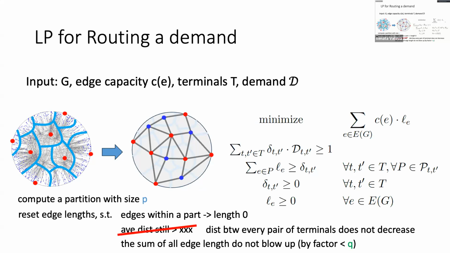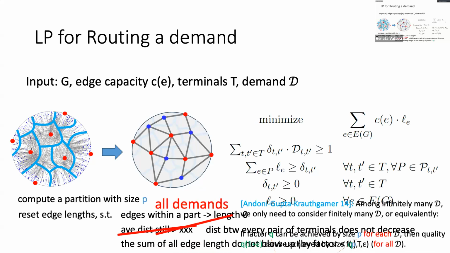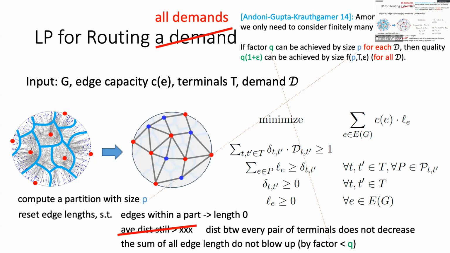There's a lot to remember about the two different types. But let me ease your mind with the result shown in the first slide. They show that if you want a 1+epsilon approximation, we do not really need to consider an infinite continuum of demands.